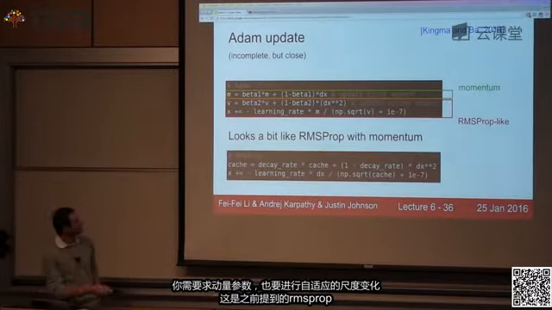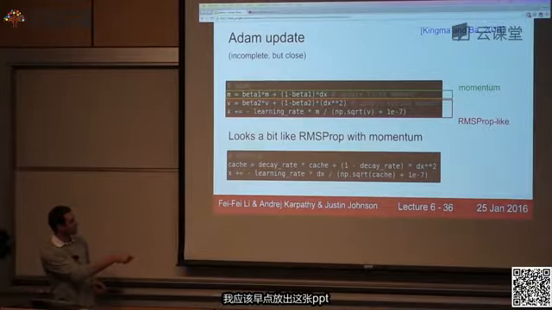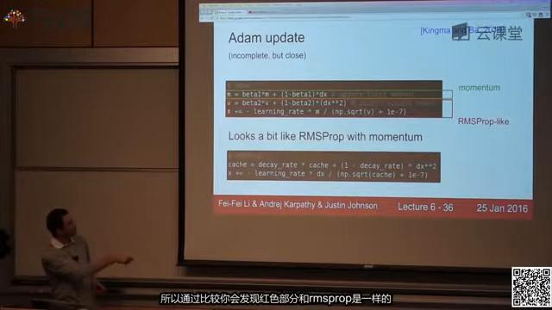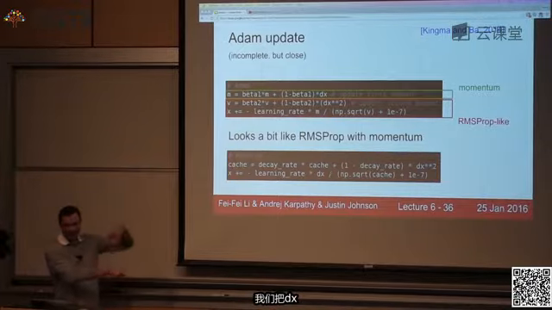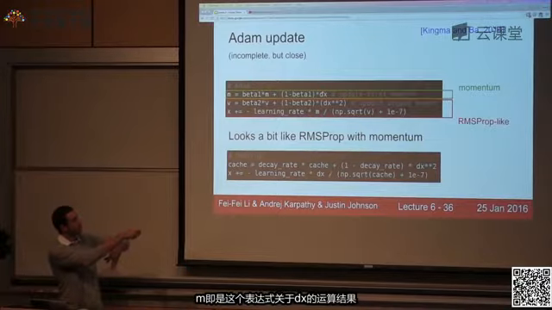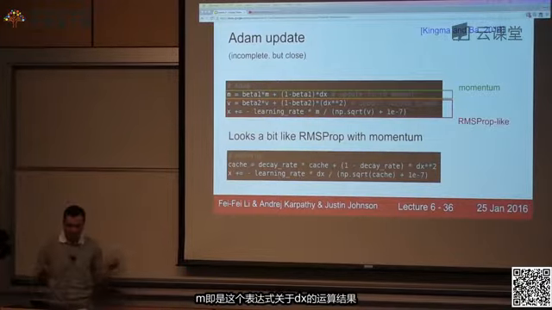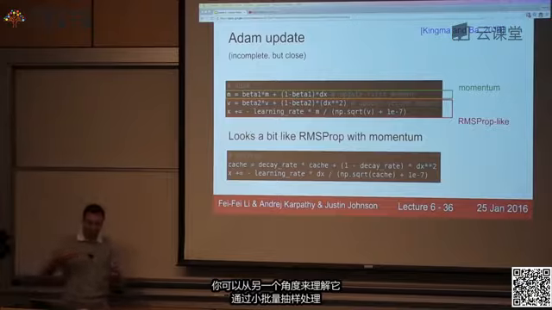And here's the RMSProp, actually. I should have flashed this earlier. When you compare this, RMSProp in red is the same thing as here, except we've replaced dx, which was just the current gradient, with m, which is this running counter of our dx. One way to look at it is that you're in a stochastic setting.